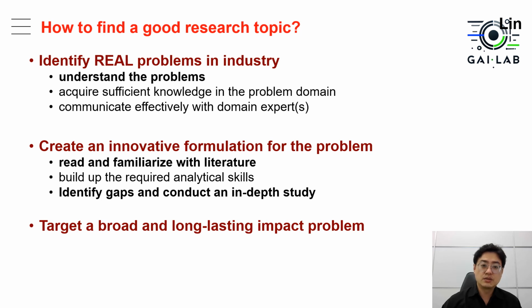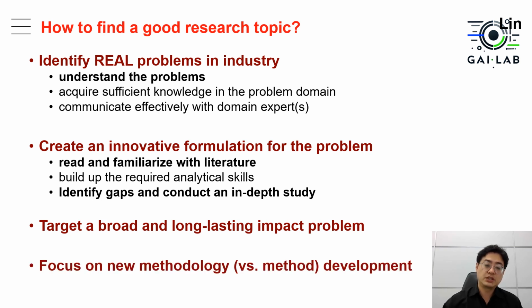That is a good way to support a good research topic. So basically, in this part we need to identify the real problem and create innovative formulations, and find which has the longest and greatest impact, and is a good problem for us to finish.